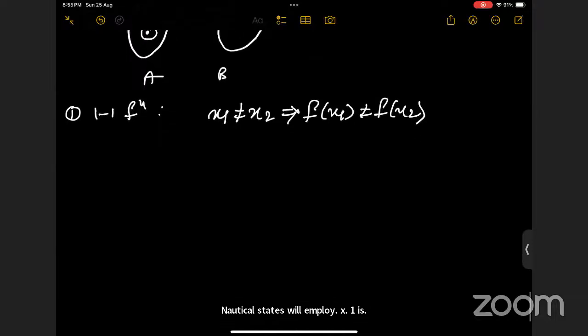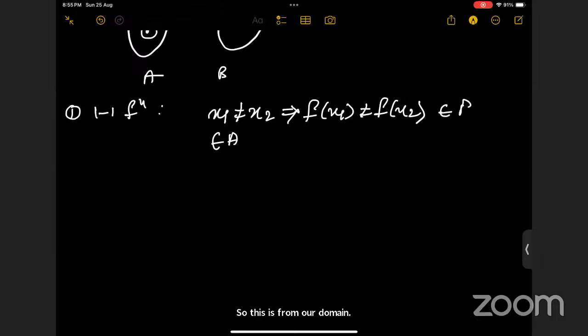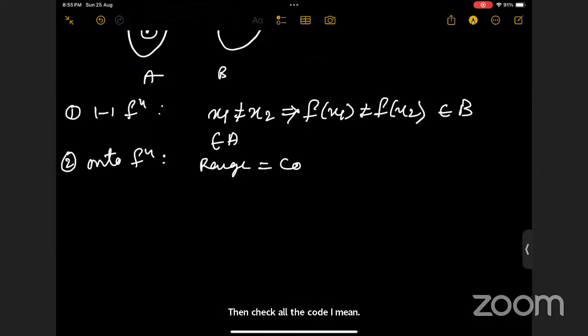So this is from our domain and this is from our codomain. And what was the mathematical definition for onto function? Range is equal to codomain.